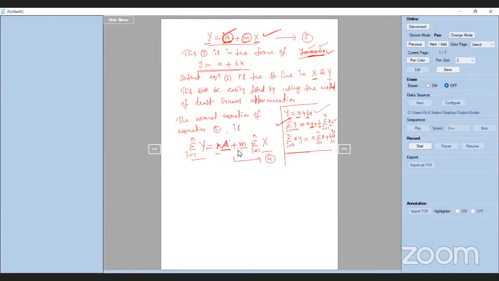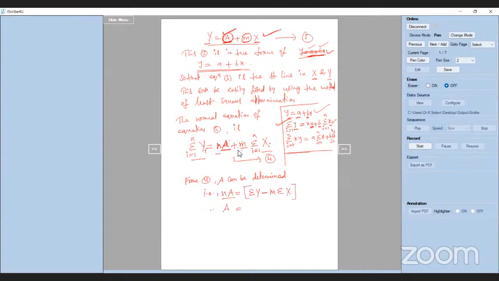So that means from equation 4, a can be determined. That is, n a is equal to summation y minus m summation x.